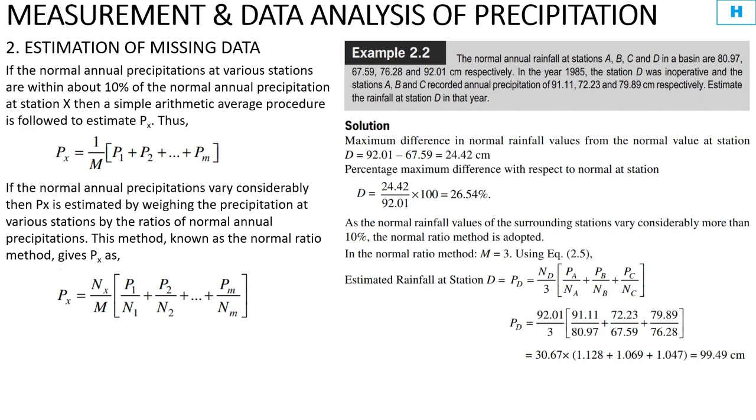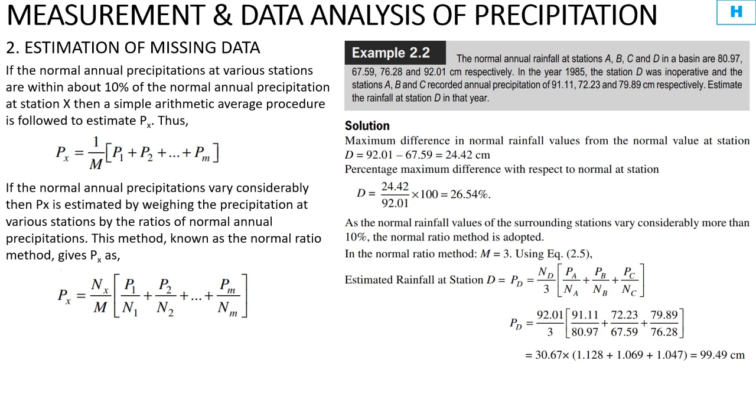So, yung tatlong stations na lang ang gumana at nag-record ng mga precipitation. So, ito yung na-record nila, 91.11, 72.23, and 79.89 centimeter. So, since may missing data si rain gauge D, estimate natin yung rainfall niya for that missing data that year.